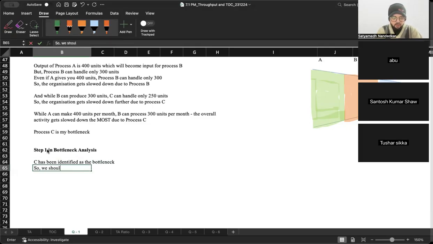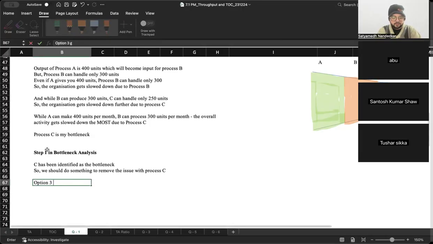So we should do something to remove the issue with process C. Option 3 gives us a way out.